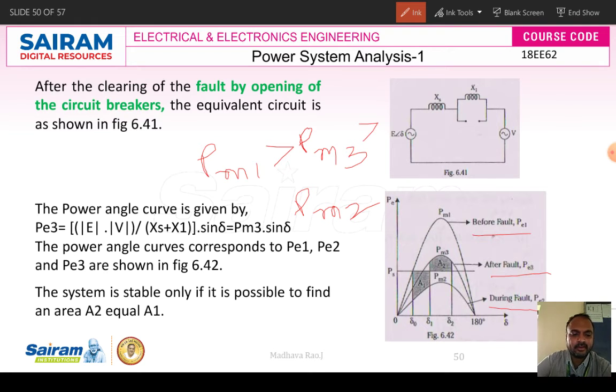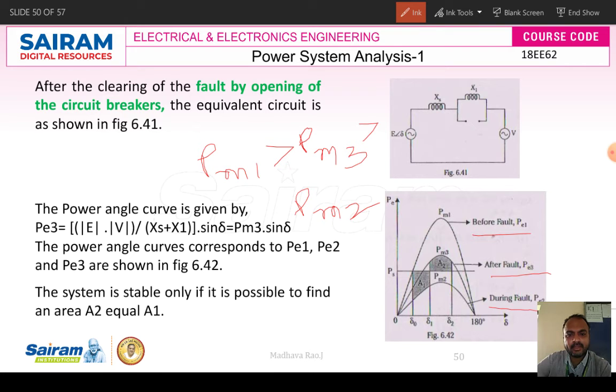What we can identify from these cases is that after the fault, the reactance of line 2 will be disconnected. The power before the fault will be more than after the fault, and more than during the fault.